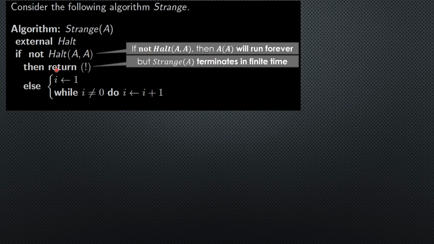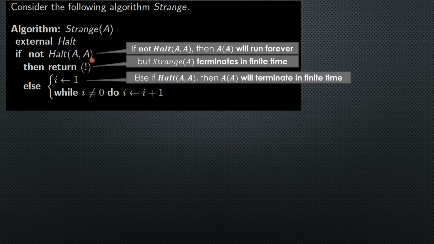If we don't get into this then case, if not halt is false, if halt is true, well then, in this else case, halt of A comma A is true, so A of A will terminate in finite time. And what does strange of A do in that case? We just get into a loop where I is initially 1, and then if I is not 0, which it is, because we set I equal to 1 to start, then we increment I, right? I will keep incrementing forever.